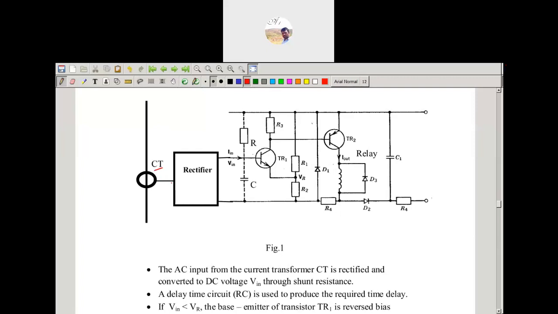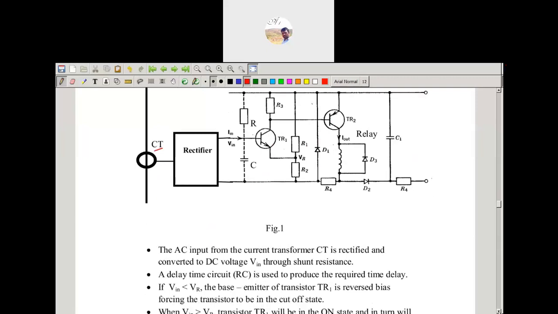Whatever the CT gives is an analog AC current, which is converted into a DC circuit for the solid state, that is, static relay, which works on DC. Then we have the transistor, capacitor and resistors combined, and based upon this variation the time setting varies with the input signal. If there are variations in the input current, that will be connected to the circuit breaker.